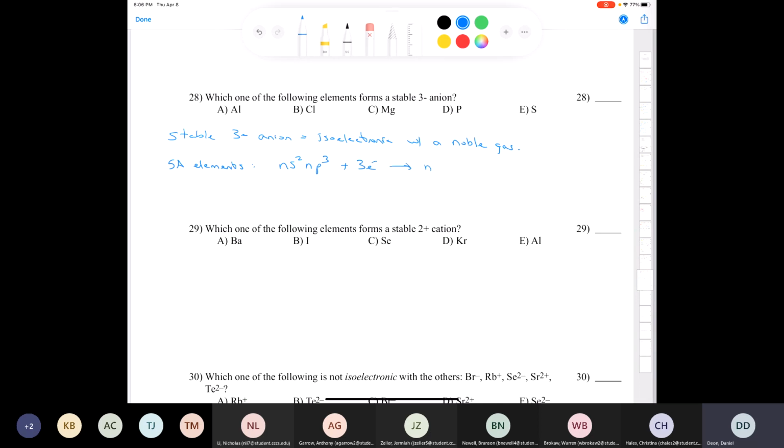It's going to have ns2, np6, which again would be isoelectronic with a noble gas. So all I have to do is look for an element that is in group 5A. My 5A elements are nitrogen, phosphorus, arsenic, antimony, and bismuth. And so the answer is phosphorus, which is in group 5A.